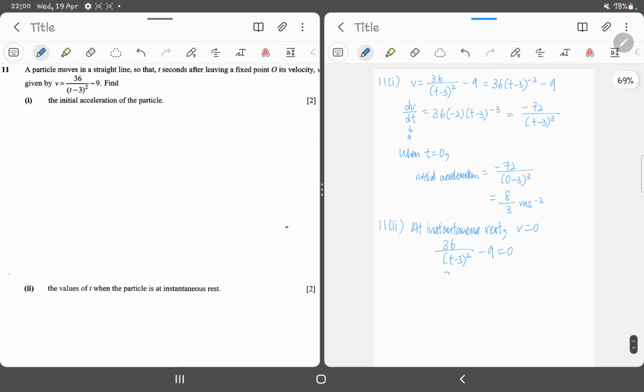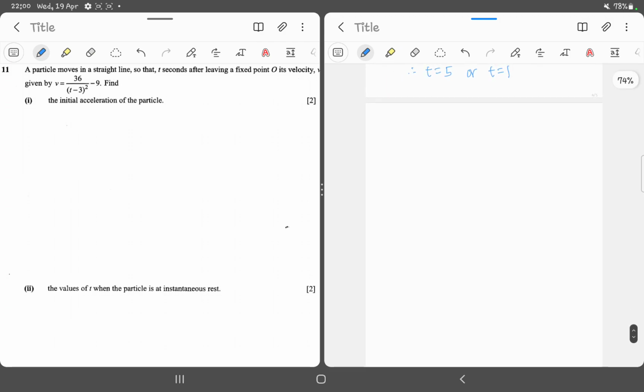Then we have to solve this equation to find t when it is instantaneously at rest. So t equals 5 or t equals 1. So at t equals 5 seconds or t equals 1 second, it will be instantaneously at rest. And we are done with 11 part 2.